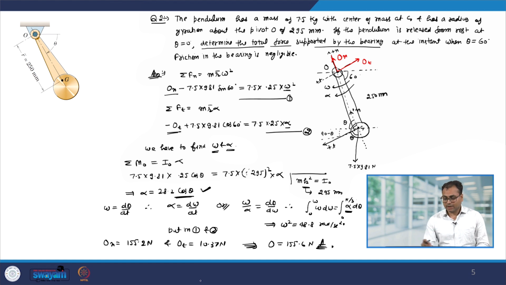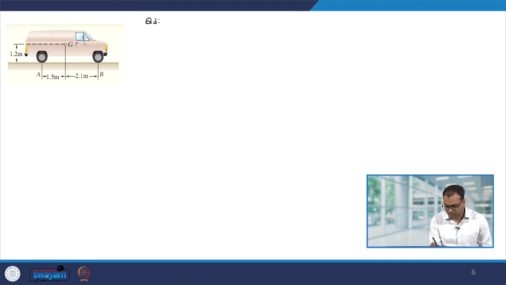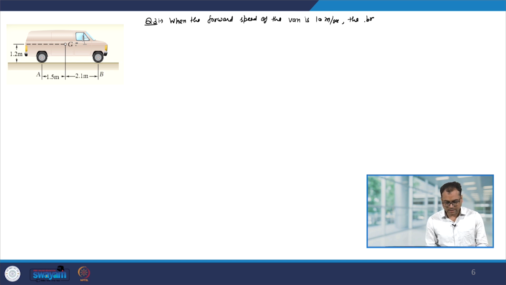Okay. Now, let us look at one more problem. Problem statement is, when the forward speed of the van is 10 meter per second, the brakes are suddenly applied, causing all 4 wheels to stop rotating.